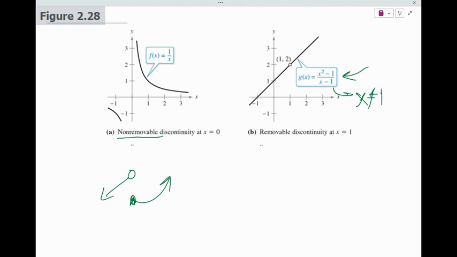But there's another function, x plus 1, which would be this line here. That is continuous everywhere. And if you thought about filling that hole in by letting g of 1 equal 2, you could then make this a continuous function. So with one simple definition, we could fill that hole, and we call that a removable discontinuity.